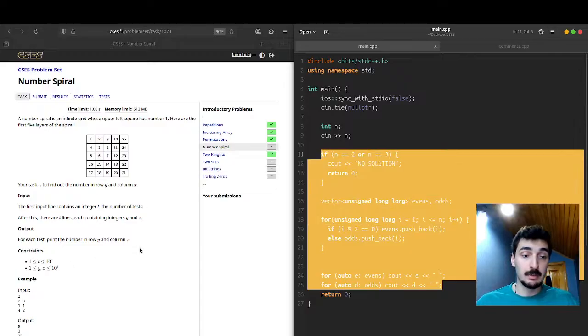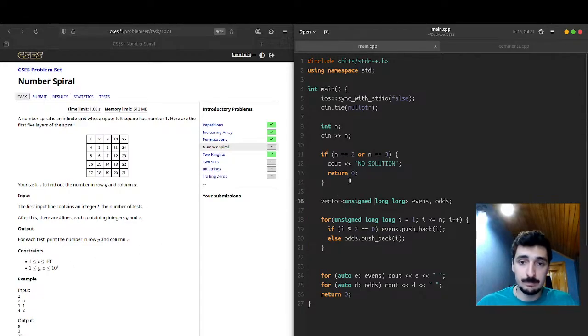Let's just handle the input. t integer. This is just the test numbers.